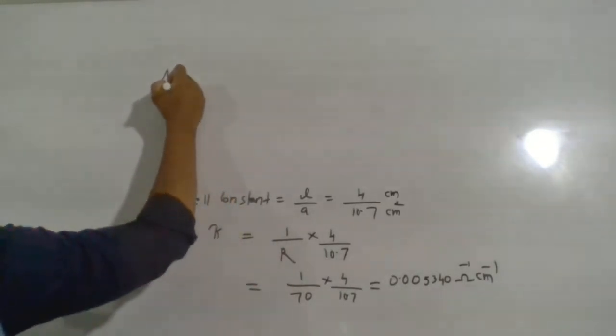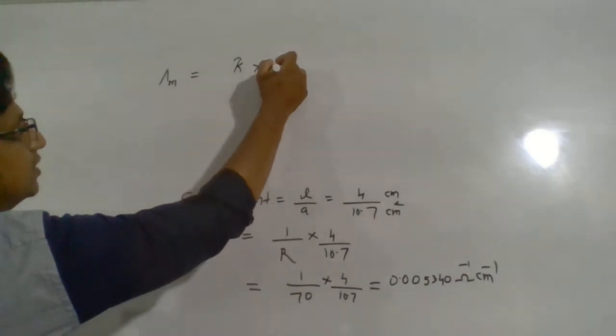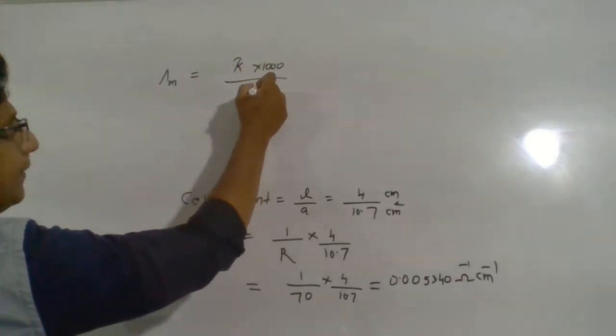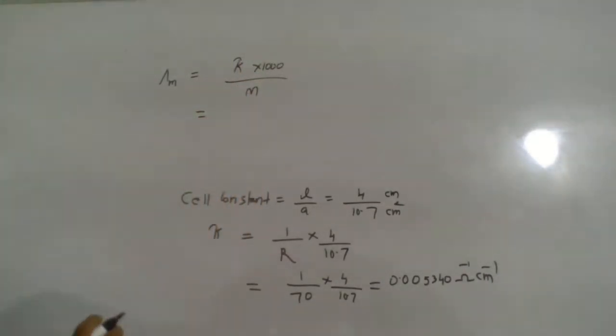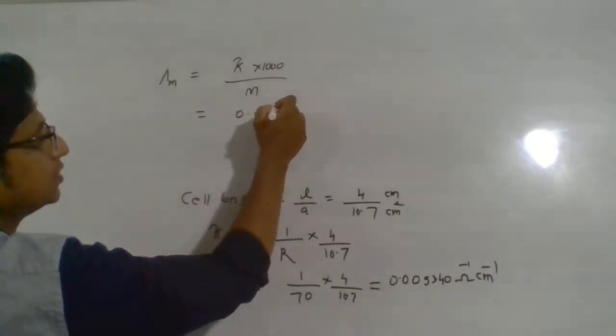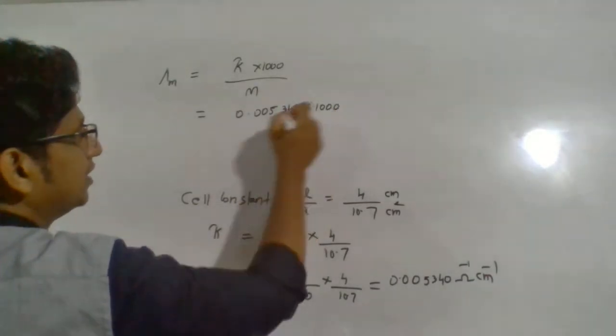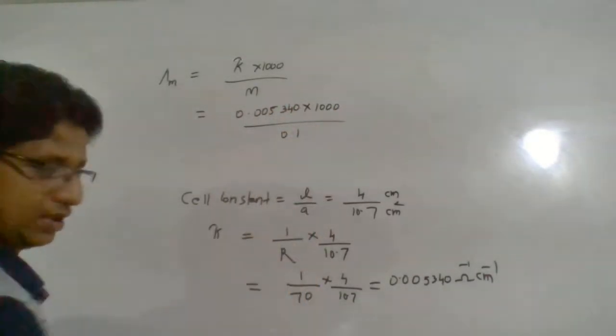Then we can find molar conductivity. Molar conductivity is equal to kappa into 1000 divided by M. Molarity is already known. It is given as 0.1 molar. So apply here, 0.005340 into 1000 divided by 0.1.